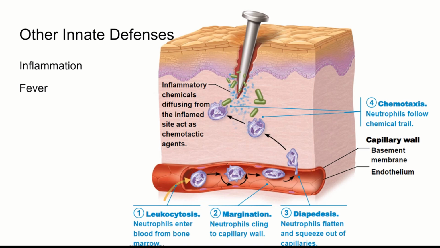Having a fever can be very dangerous because it can kill off our own cells. High fevers can cause brain damage. They can kill off our neurons. So we don't necessarily want to have a fever for an extended period of time because it can cause damage to us.